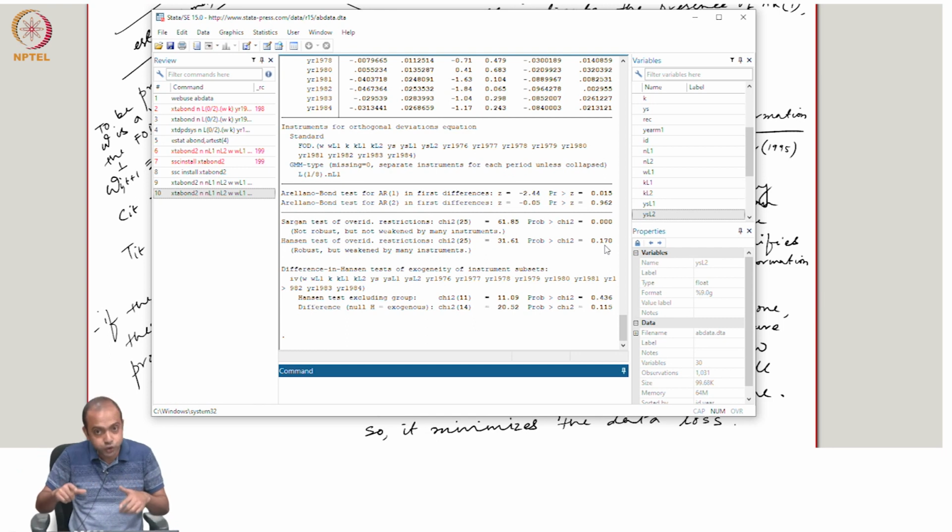Secondly, we have also talked about another important concept, which is, in place of FD, we have taken forward orthogonal deviation in case some of the observations are missing, and it is applicable in the presence of a dynamic unbalanced panel. So, with this we are closing our discussion.